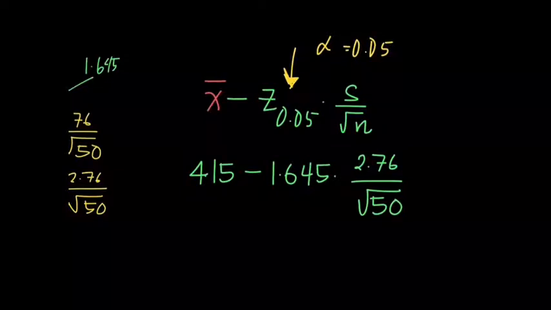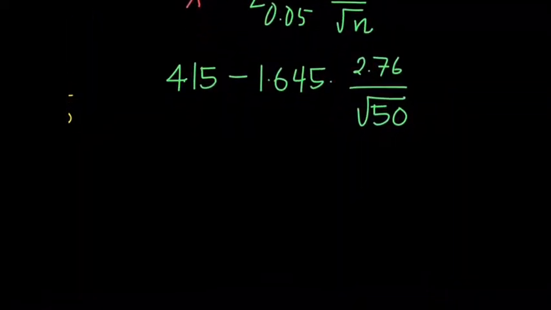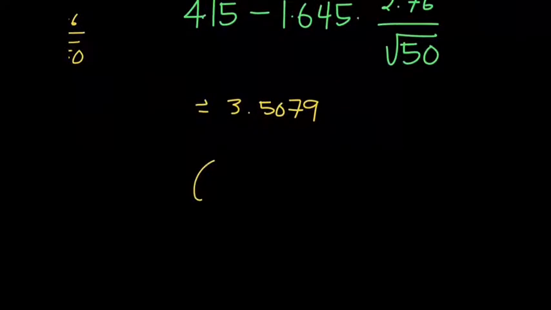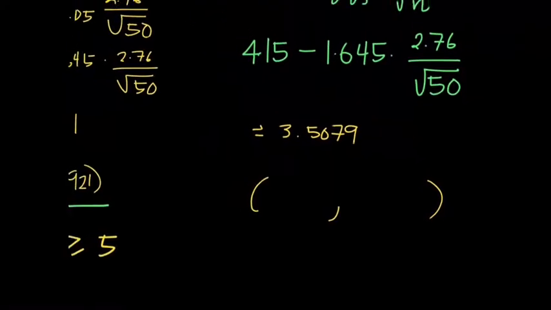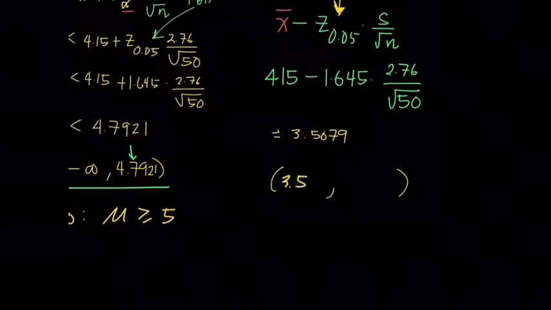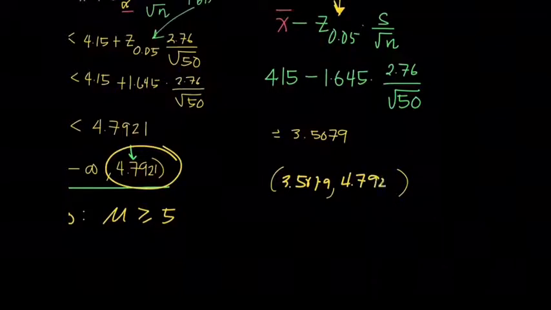So this value is equal to 3.5079. So this will be the lower limit if we are going to estimate the value of the mean. So this is 3.5079, while the upper limit is 4.7921.